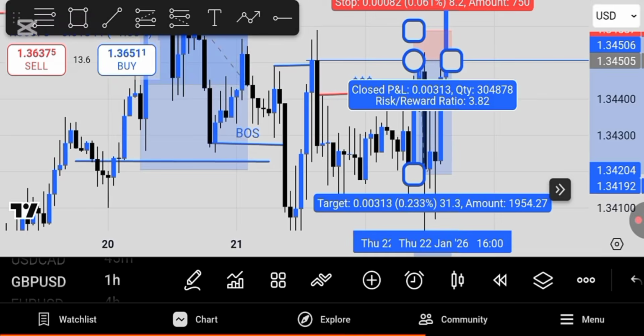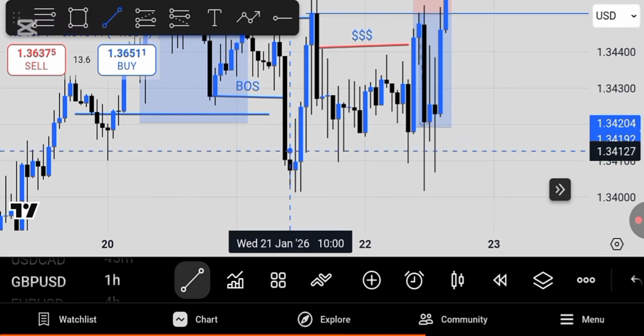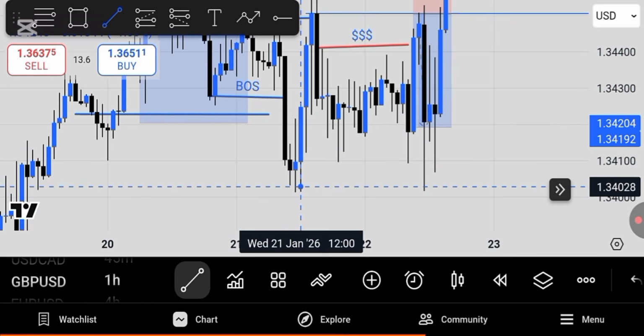You can see? Then where will you target? You will target this low. This low is where you target.